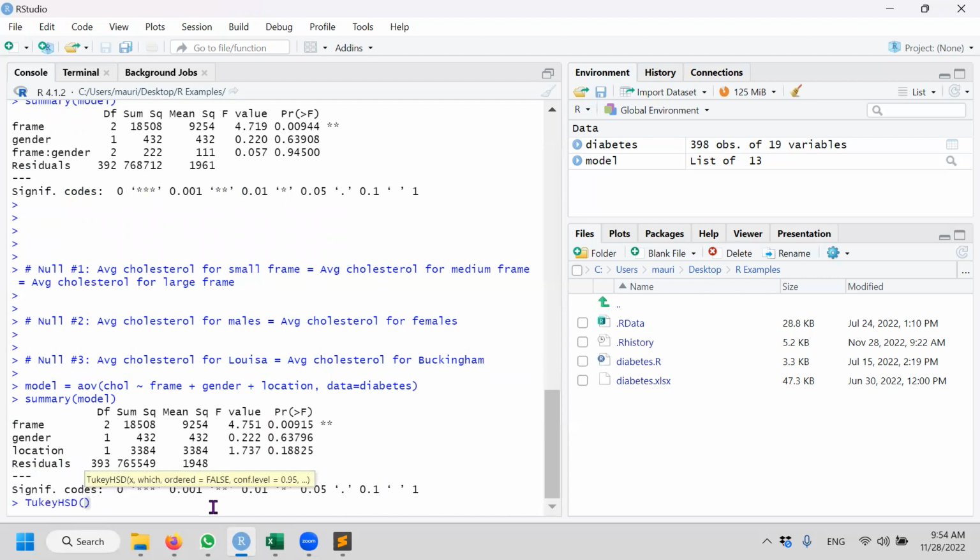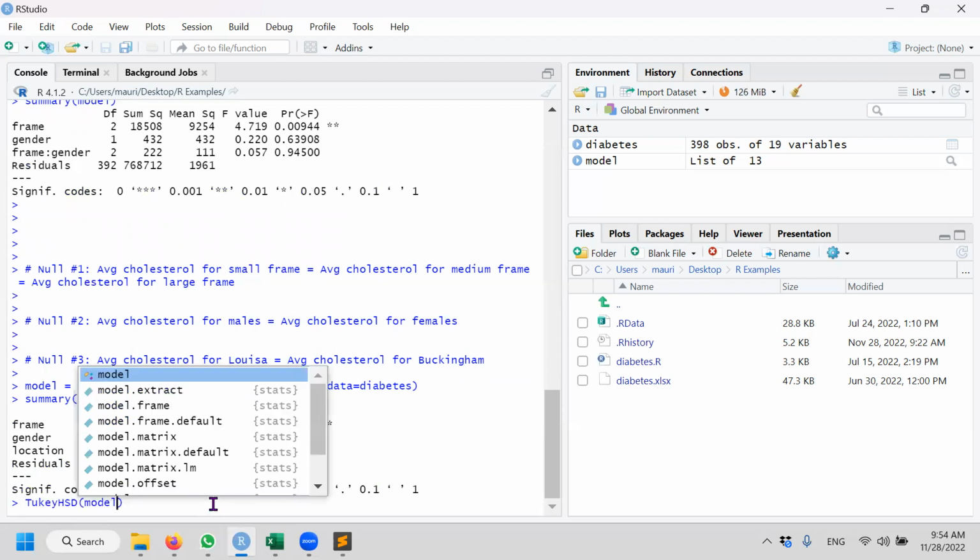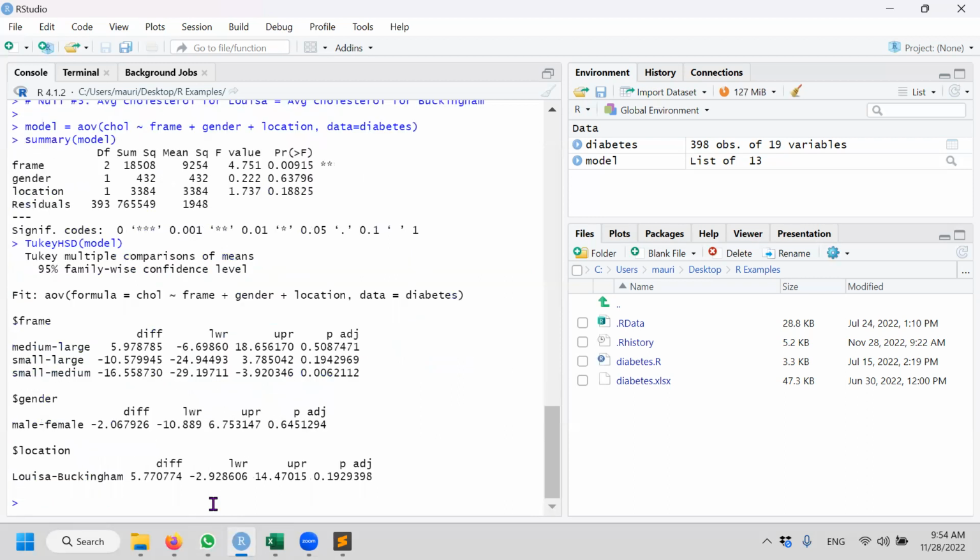Tukey's HSD is an easy way for us to compare between all the different samples, especially if you have, let's say, more than 5, it can be very difficult to do by t-test. You would have to do everything by yourself. So again, Louisa and Buckingham, there's no difference.